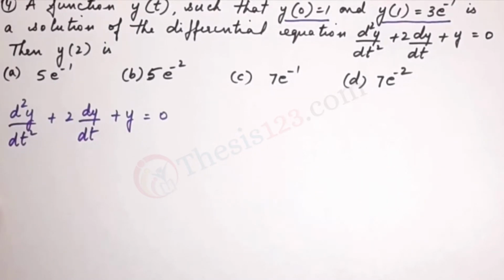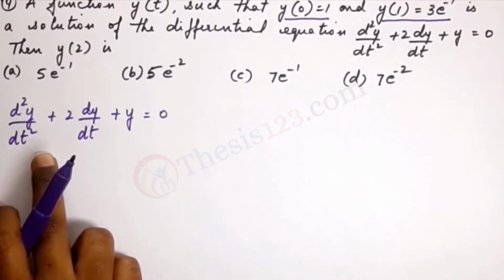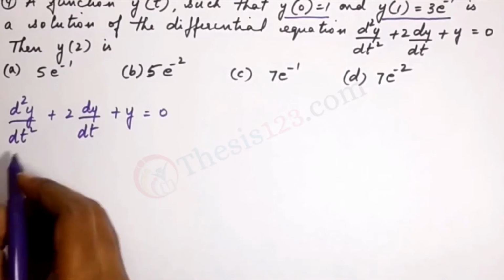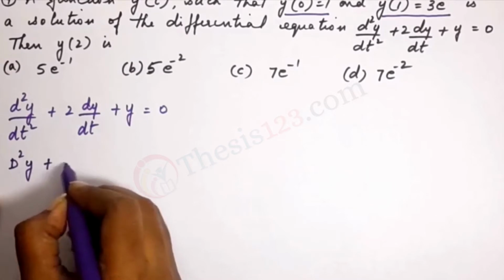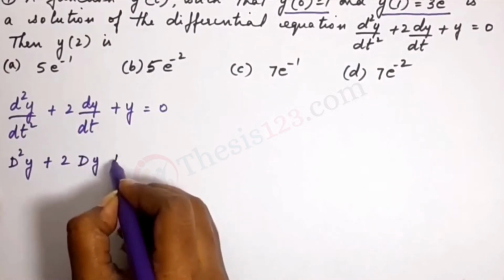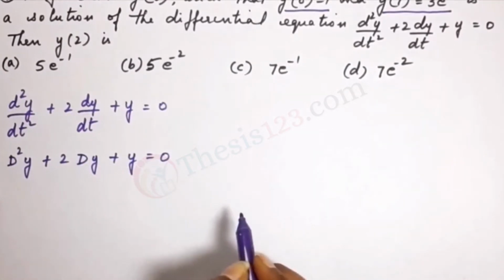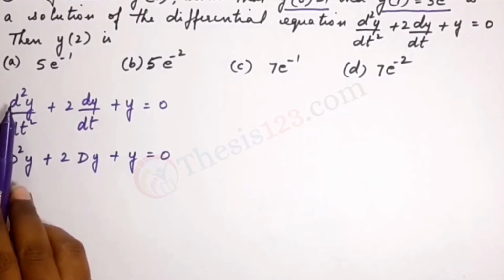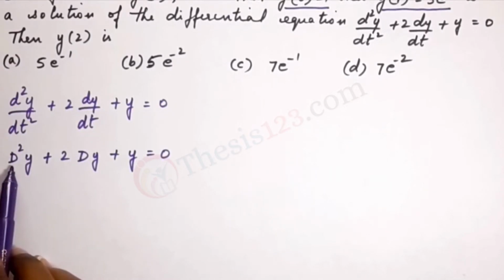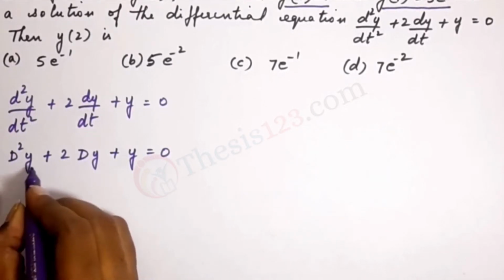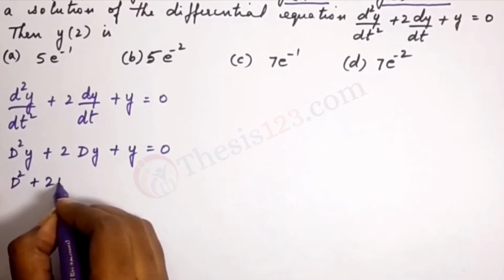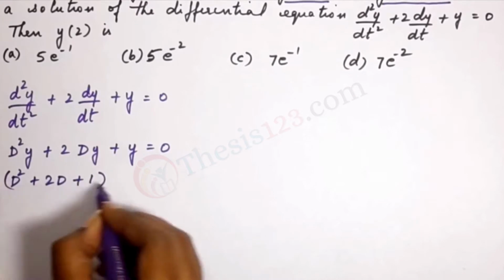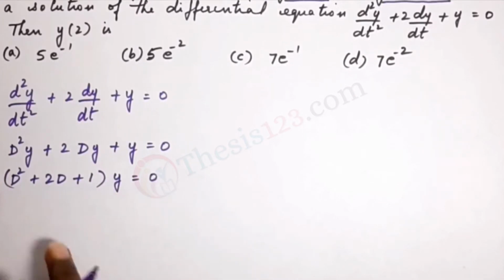The next thing we do is write this in the operator form, which would be D square y plus 2 Dy plus y is equal to 0. So what I've done is written d by dt as capital D. Okay, so now let's take y common: D square plus 2D plus 1 times y is equal to 0.